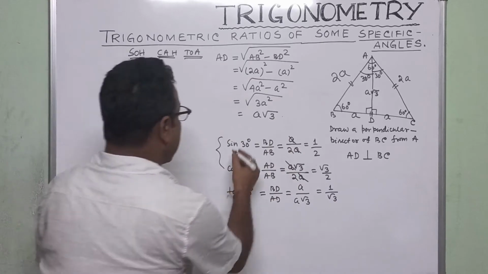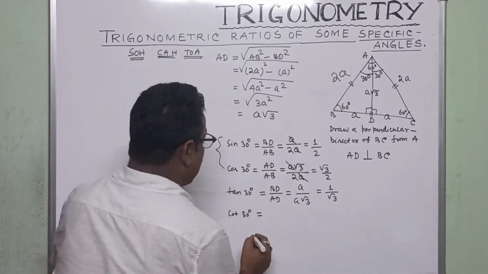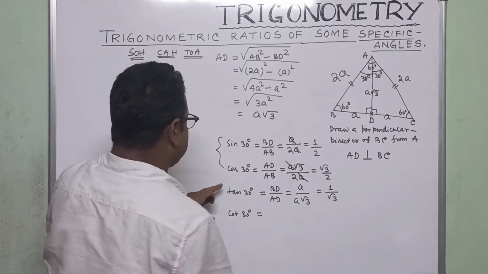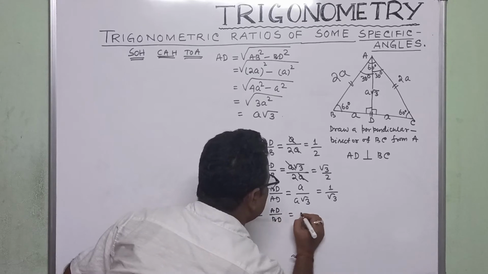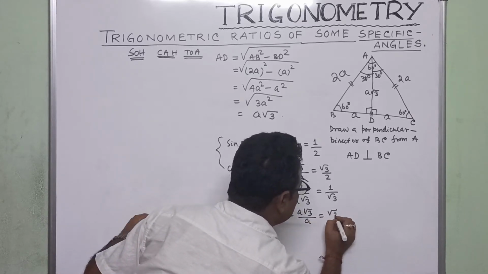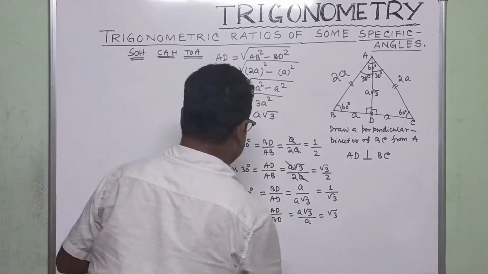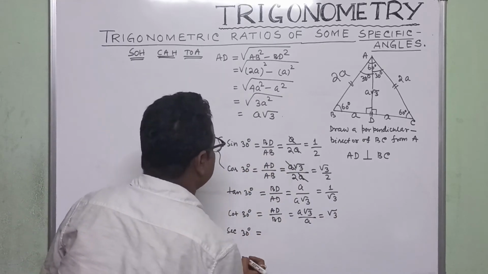Okay, now cot 30 degree. Cot 30 degree is the reciprocal of tan 30. So AD by BD is equal to A root 3 by A, is equal to root 3. Now sec 30, reciprocal of cos.